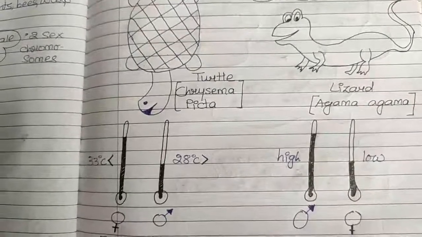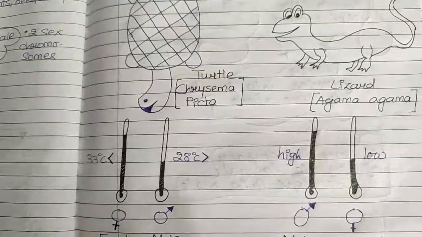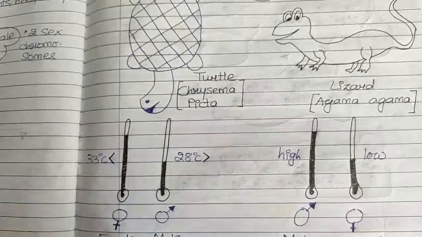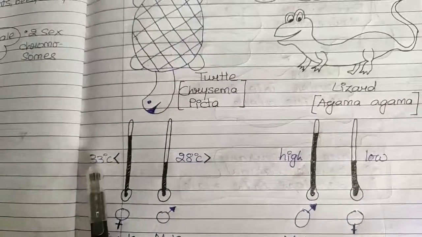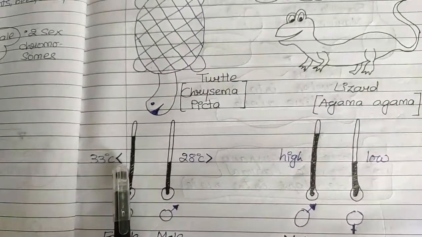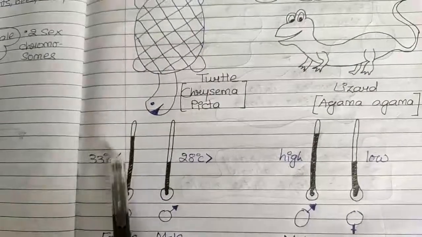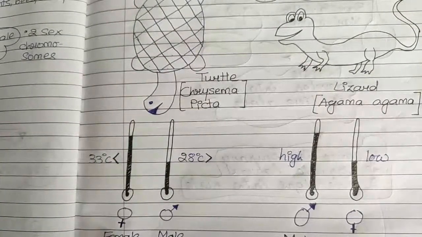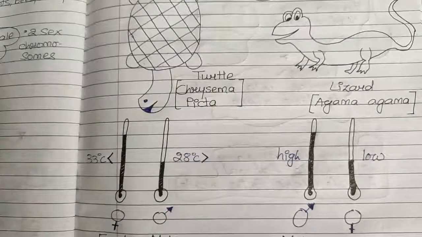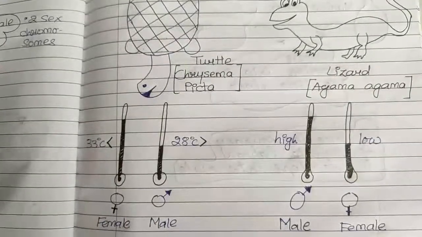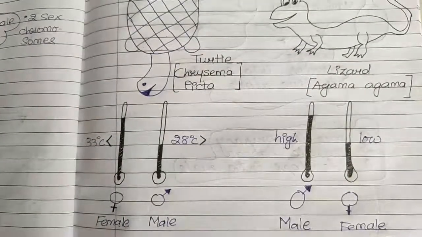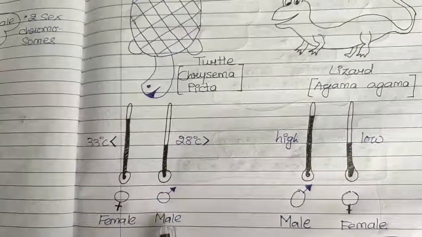Let's see how. In turtles, if the temperature rises above 33 degrees Celsius, then the eggs will hatch as female. Whereas, if the temperature is lower than 28 degrees Celsius, then the eggs will hatch into male.